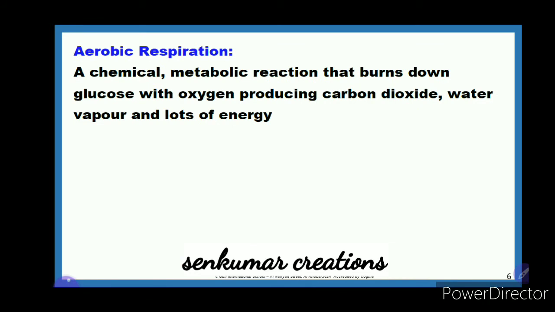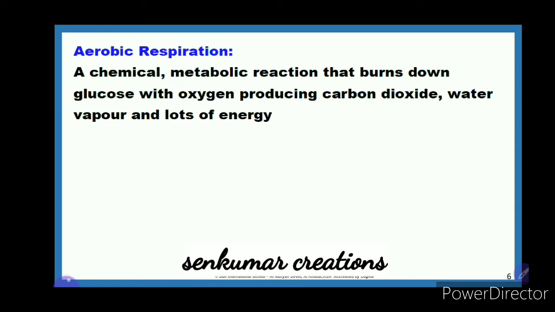So aerobic respiration. I told you in the previous class about the two different types of respiration: one is aerobic respiration, another is anaerobic respiration. The definition of aerobic respiration: a chemical metabolic reaction that burns down glucose with oxygen, producing carbon dioxide, water vapor, and lots of energy. You can learn this simple definition. It is the breakdown of glucose in the presence of oxygen to release a large quantity of energy.